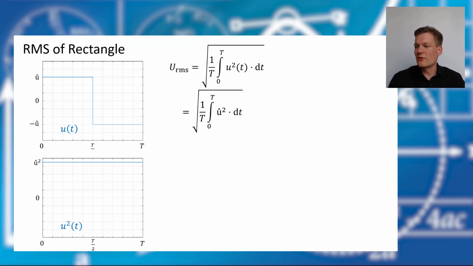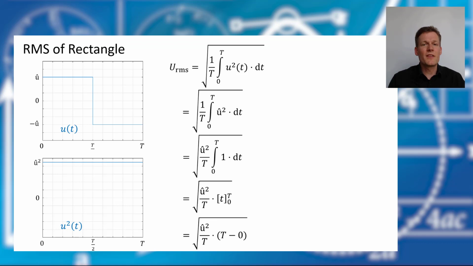That means we can write it in front of the integral, and the primitive of a constant is just the variable itself, and therefore if we put in our borders we get this, and that means that the RMS value of a rectangular function is just the amplitude itself.